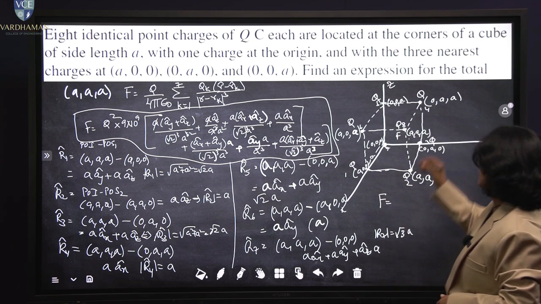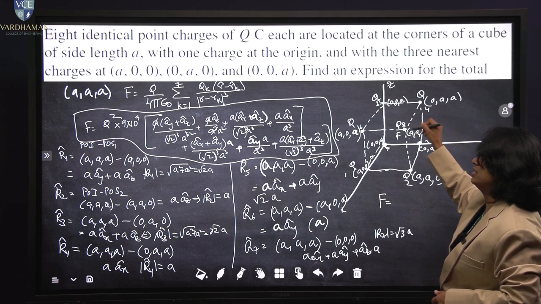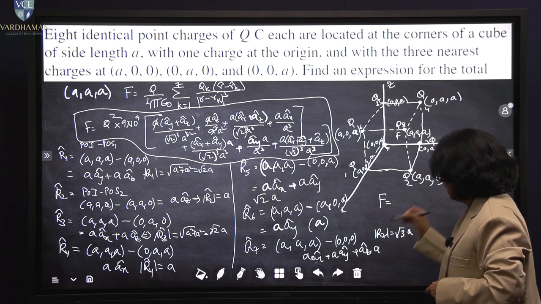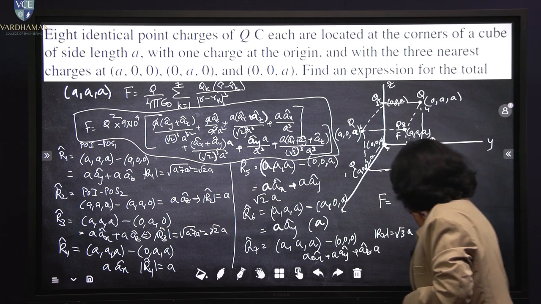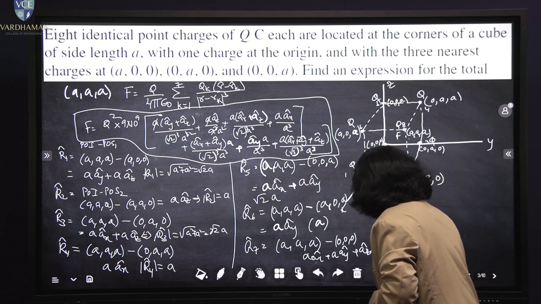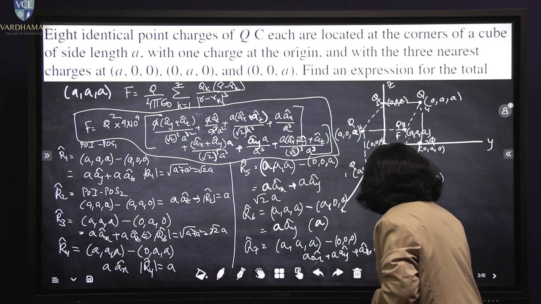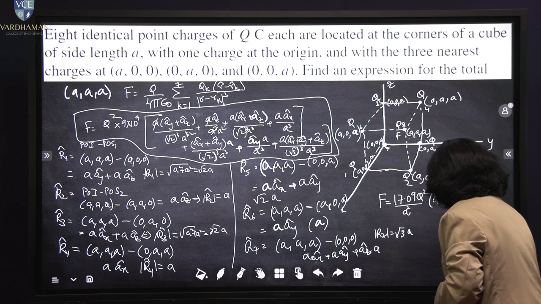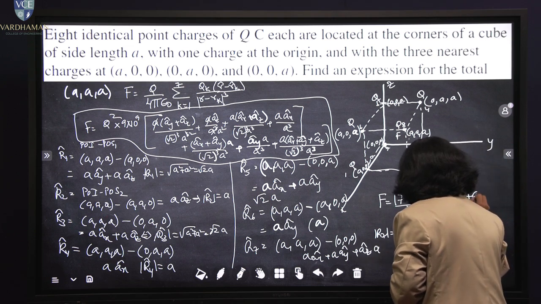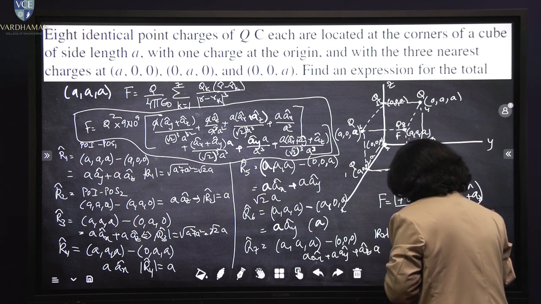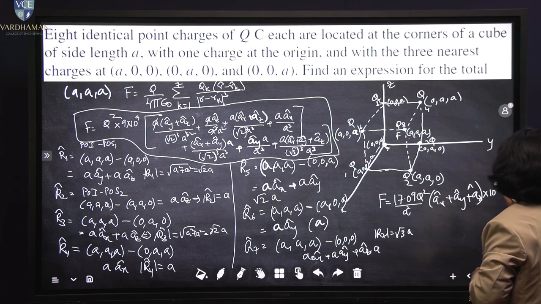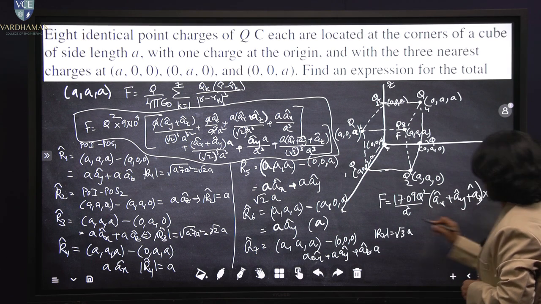Total force that is acting on the point of interest a comma a comma a, which is one of the corners of the cube, is F equal to 17.09 q square by a square into ax cap plus ay cap plus az cap into 10 power 9 newtons. This is the final answer.